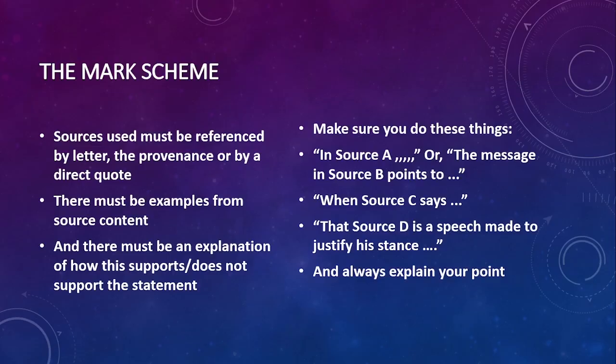When source C says da-di-da-di-da, give your short quote and explain how it fits into your answer. That source D is a speech made to justify his stance makes me question its usefulness. And always explain your point. And by the way, my source references bear no relationship with the actual paper.